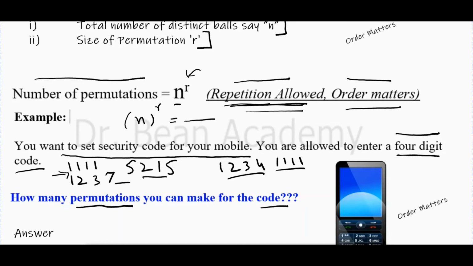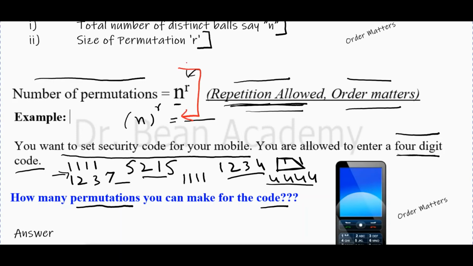It means repetition is allowed. You will never find a mobile phone which will say you cannot set a security code with 1111. Although this is a weak code and anyone can break it, but it is allowed. You can set it. Similarly, I can set 4444. So we are familiar with our numbering system, and you can guess that repetition is allowed. So I can use this formula.